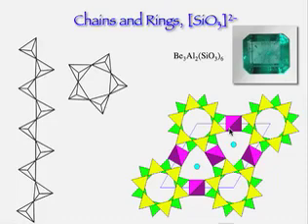It can be very long chains. But you notice here that I'm only representing on this slide the tetrahedra. You have to envision the silicon at the center of this, and every vertex is an oxygen atom. So in these chains and rings, every silicon is sharing, on average, 2 oxygens with its neighbors.